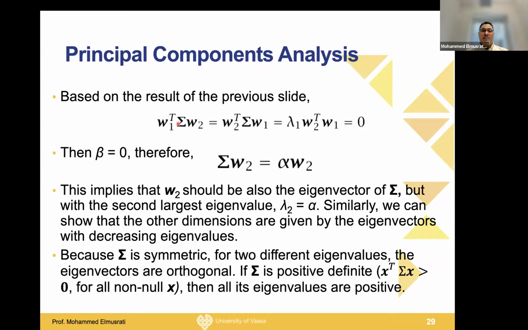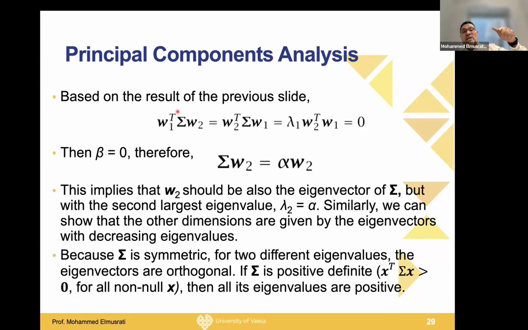The trace of this Z matrix, you know that the matrix is D by D, so the diagonal has D elements. If you add all the diagonal elements, the result will be the same as adding all the eigenvalues of this matrix. So they take the average: the summation divided by the number. For example, if the summation of the eigenvalues is equal to, let's say, 100, and the dimension is 50, then 100 divided by 50 is equal to 2.